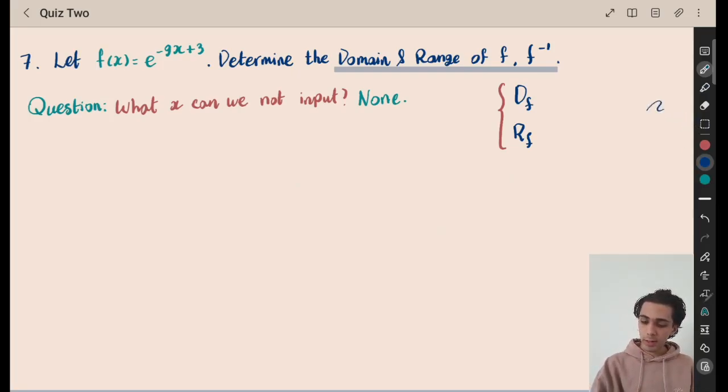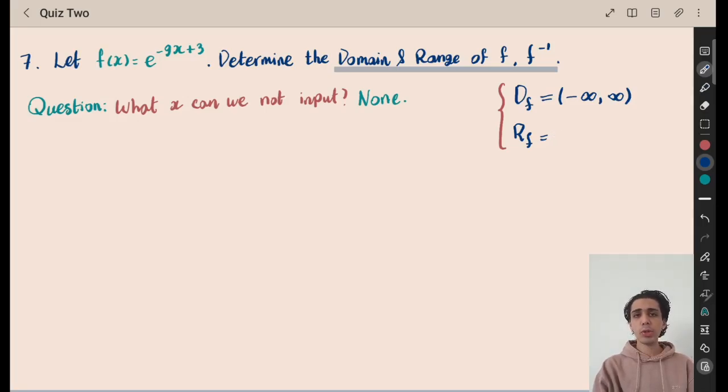So in this case, the domain of f is going to be all possible values, all finite negative values and all finite positive values. This is denoted by an open bracket from negative infinity to infinity, which means it does not include these limits.